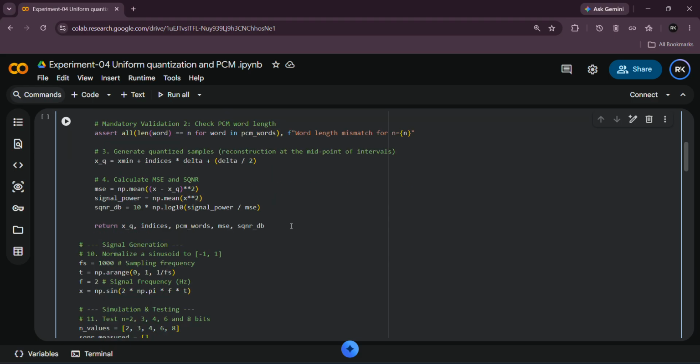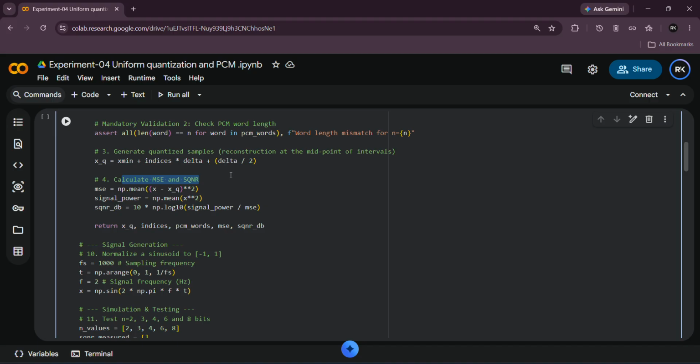To evaluate how good the quantization is, we calculate two things: the mean square error, or MSE, between the original and quantized signal, and the signal to quantization noise ratio, or SQNR, expressed in decibels.